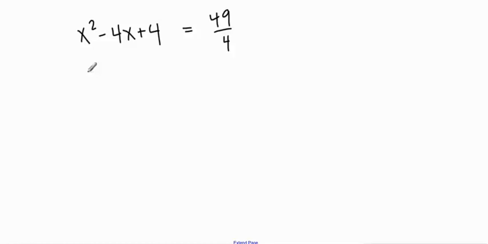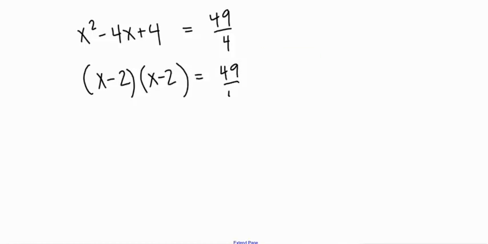We're going to look at this trinomial and we're going to factor it. It is x minus 2 times x minus 2. I'm going to condense that so that it is x minus 2 quantity squared.